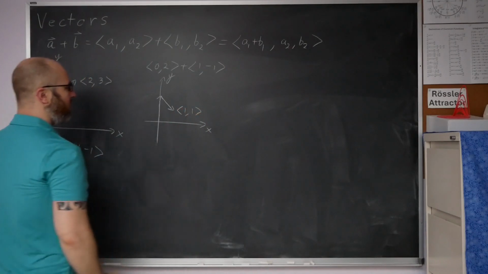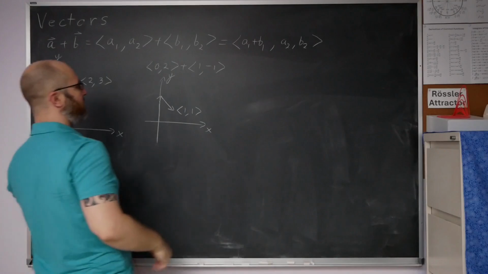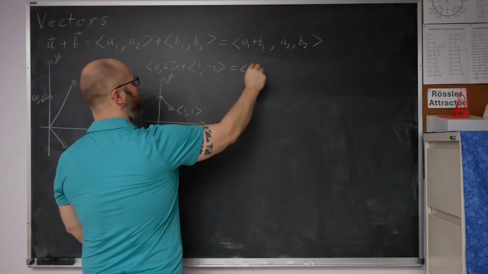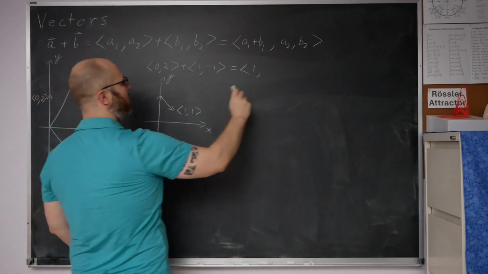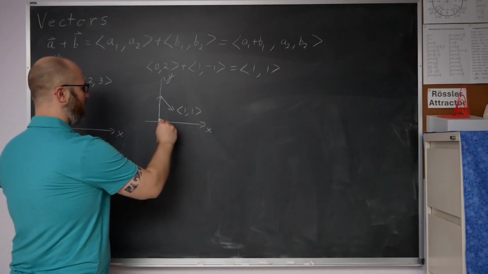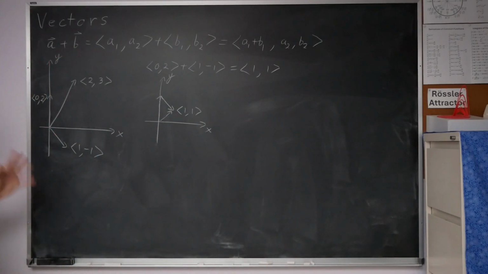So that's the idea. You can just add vectors onto each other. And if I were to calculate this out, it's 0 plus 1, so that's 1, and 2 plus negative 1, that's 1. So we did end up in the right spot by adding them like that.